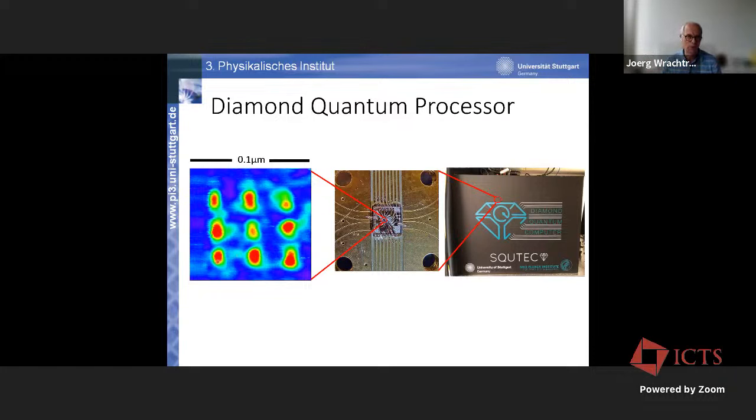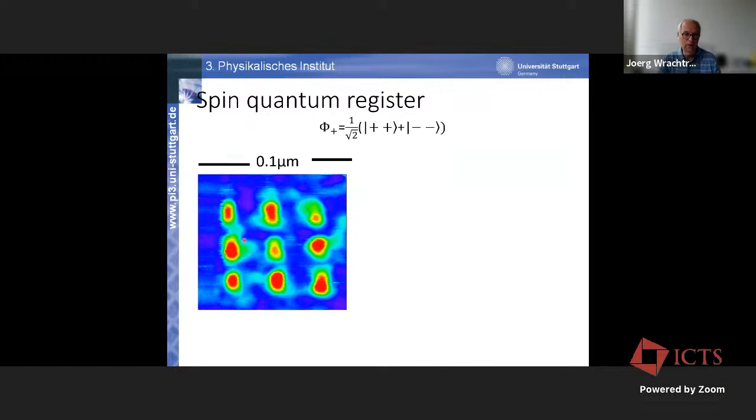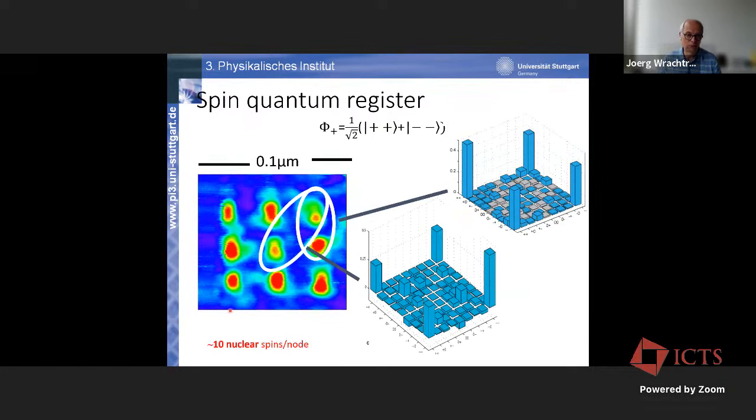If you would have larger registers, then the distance would be so long and the coherence times would in the end be limiting you, so that you could not generate larger entangled quantum states unless you use the nuclear spins. The nuclear spins are a very valuable degree of freedom. You have a handful of nuclear spins for every electron spin, and you can use this to multiply the size of your register.